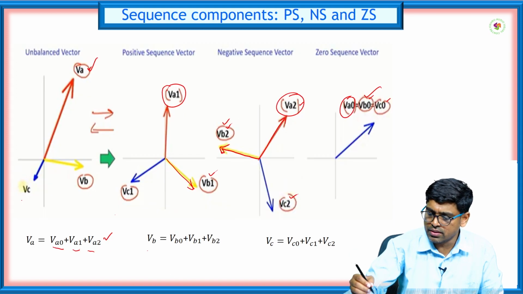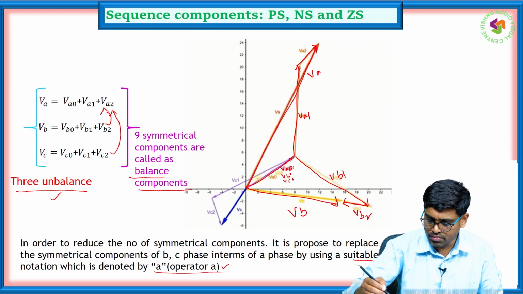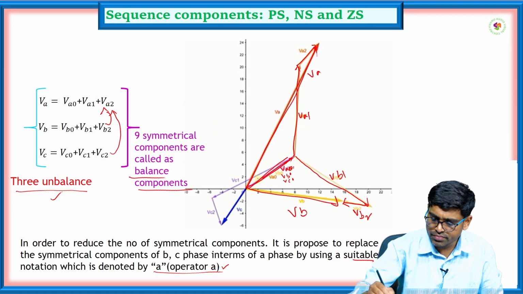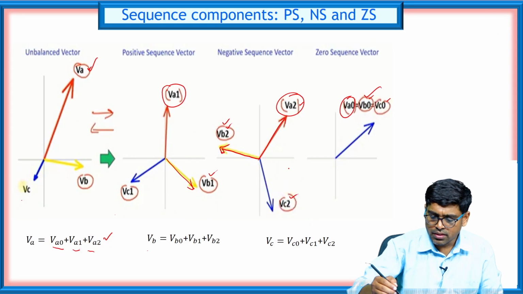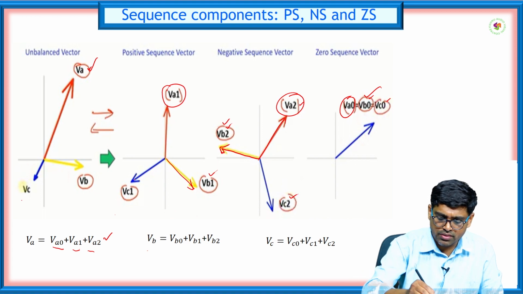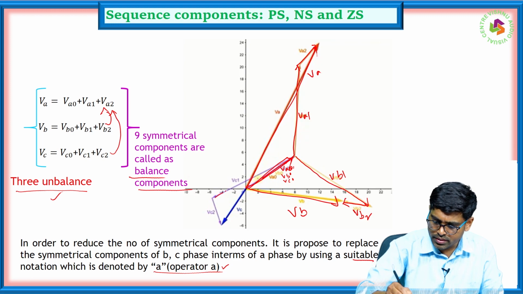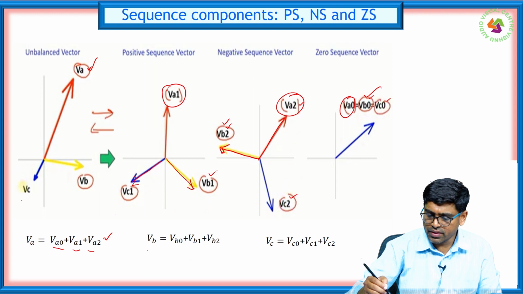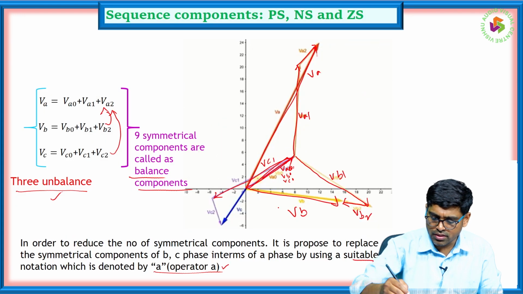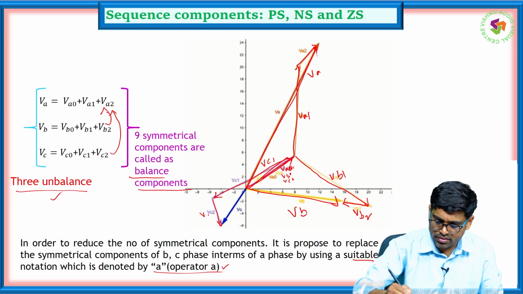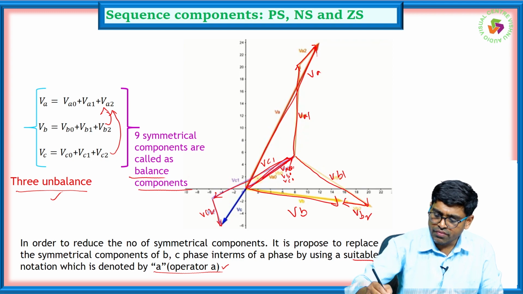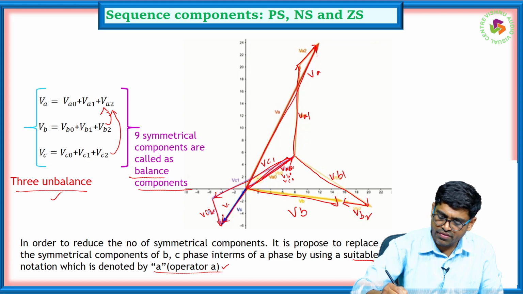Similarly, VC0 is again the same, plus VC1, which is this component, and VC2, which is this component. VC0 plus VC1 plus VC2, this resultant is your phase VC.